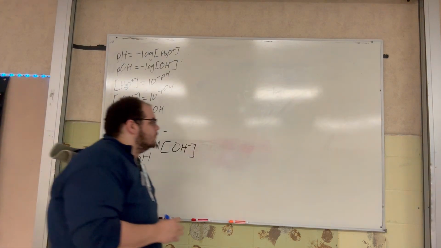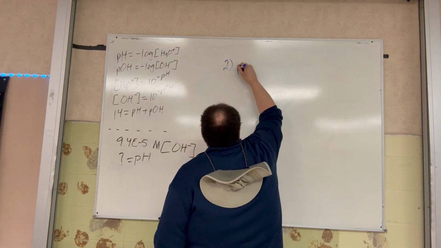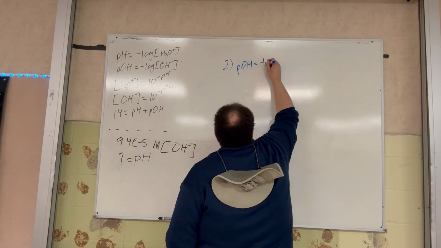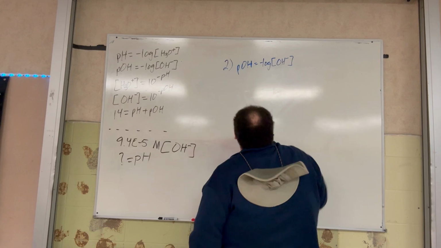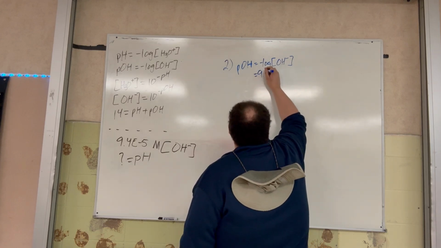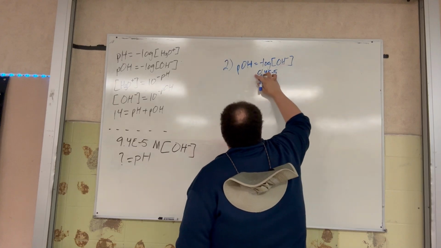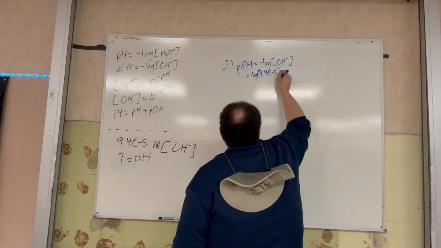Watch what I do. So we're going to use equation 2 here, and we're going to do POH equals the negative log of the concentration of OH minus. I'm going to plug in 9.4 E negative 5 in my log.